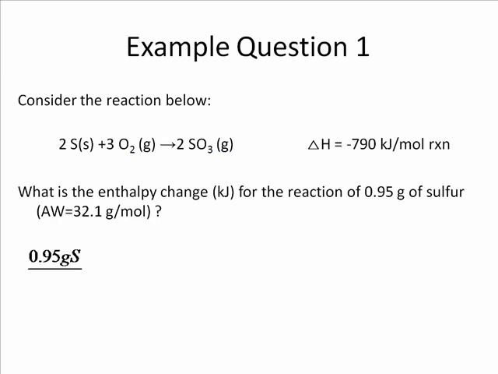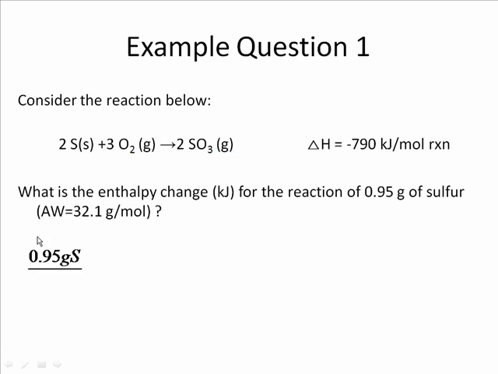Okay, so here we're told the amount of a reactant that we have. Well, that is ultimately going to be converted into an amount of energy, the enthalpy change. But the enthalpy change is here given to us in terms of kilojoules of energy per mole of reaction.